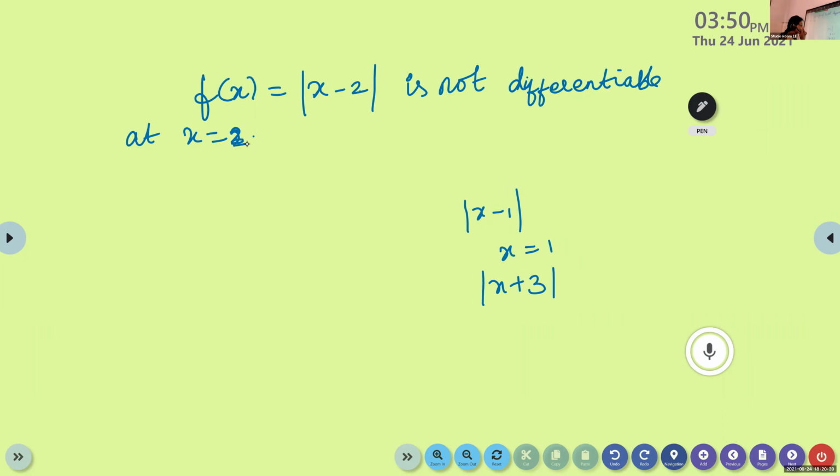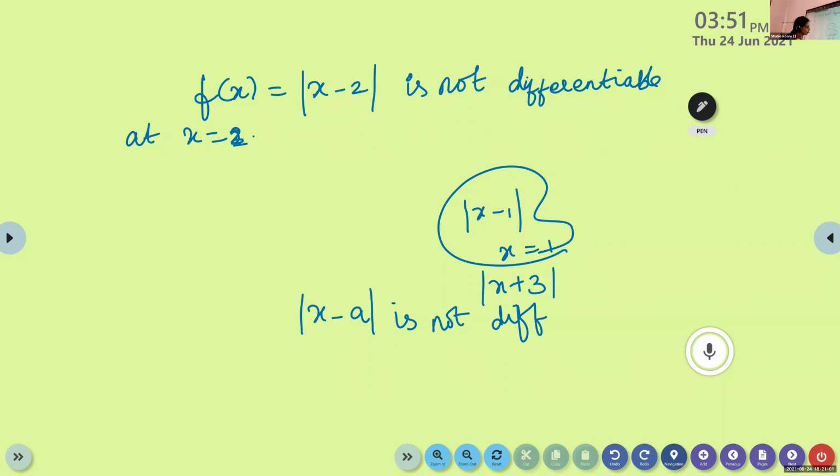Okay, now we are going to prove it. Mod x minus 1 is not differentiable at x is equal to 1. We can prove it like this. It's a general fact: modulus of x minus a is not differentiable at x is equal to a.